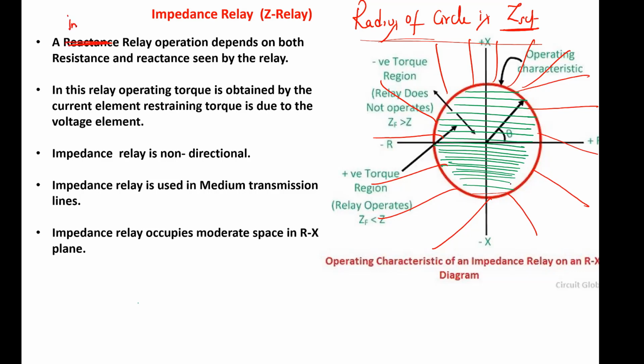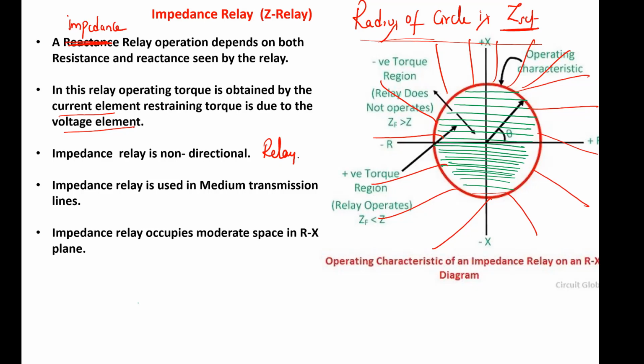For an impedance relay, you can see its features. The impedance relay operation depends on both resistance and reactance seen by the relay. In this relay, operating torque is obtained by the current element and restraining torque is due to the voltage element. Impedance relay is non-directional. It will operate in all directions, so it is a non-directional relay.